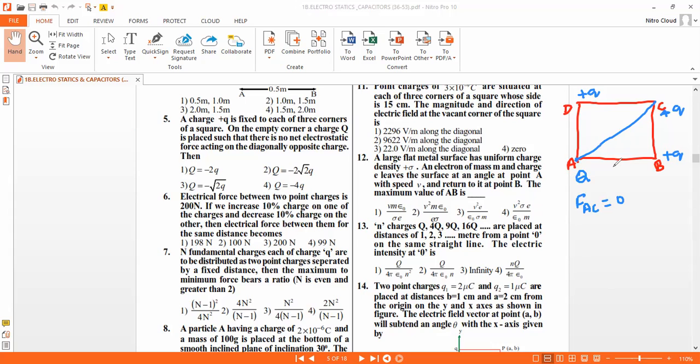So let us consider a is the side of the square. So here is also a. So AC is nothing but root 2 a. Is it fine? So now the force along AC, I can write it as FAC is equal to 1 by 4 pi epsilon naught capital Q small q by root 2 a whole square.